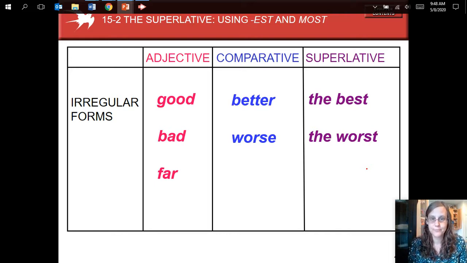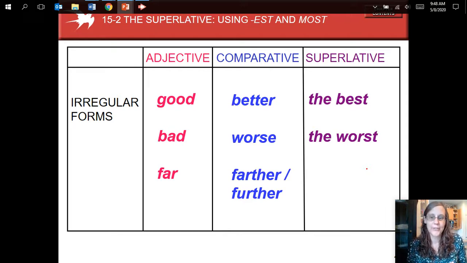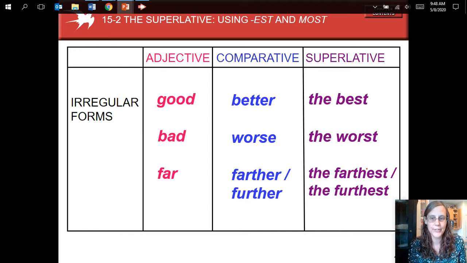So far, do you remember the comparative for this one? There are two different forms it could be. It could be farther or further. This one is similar. It is also irregular, but it should be a little easier to remember. It is the farthest and the furthest.